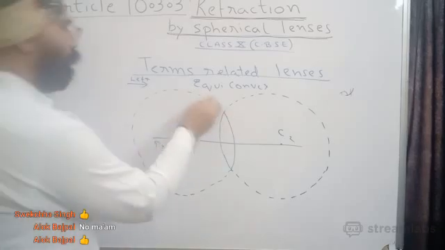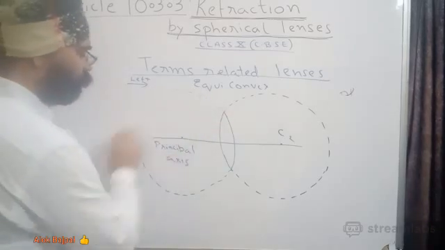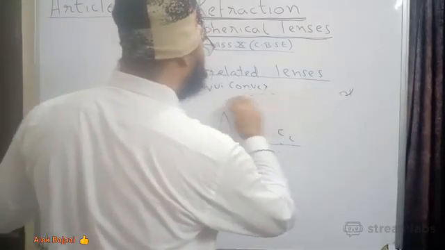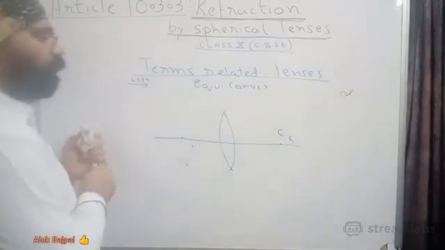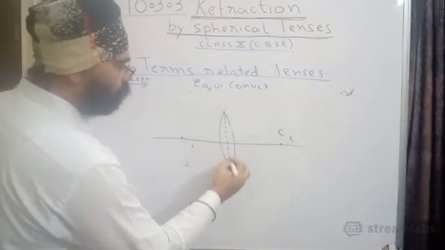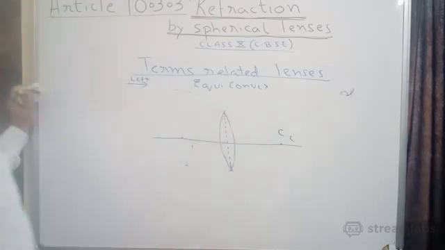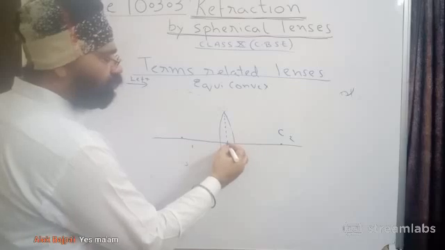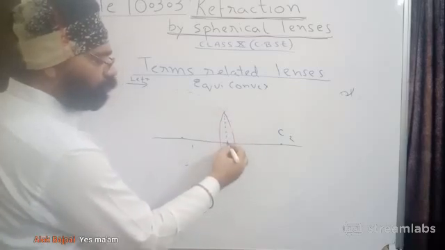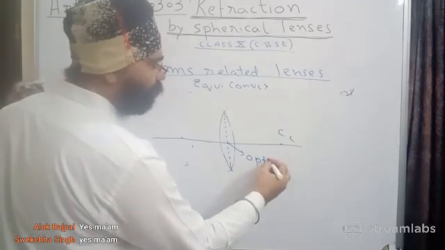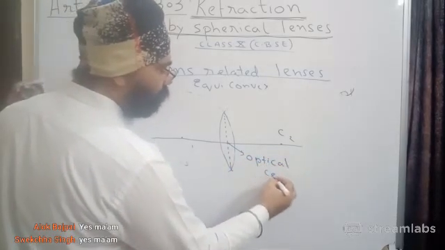Now we go to refraction through a lens, okay? Whenever we go to refraction through a lens, we bring the light to the middle of it, and this point, which is the center of the lens, is known as the optical center.